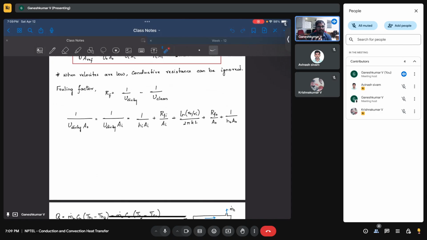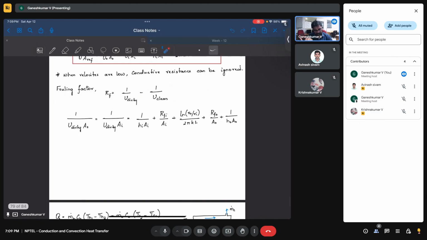The fluid will have some impurities that settle in the inner or outer portion of the tube, and corrosion can happen. All these could add resistance to your flow, and to quantify that resistance, people usually give it as a fouling factor. And if you know the clean overall heat transfer coefficient, based on the fouling factor, you can find the dirty overall heat transfer coefficient.